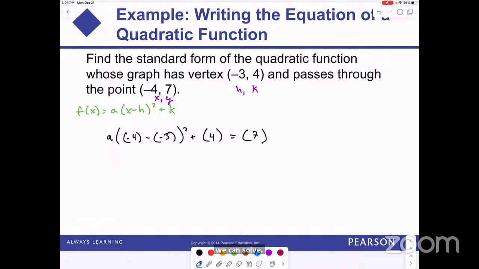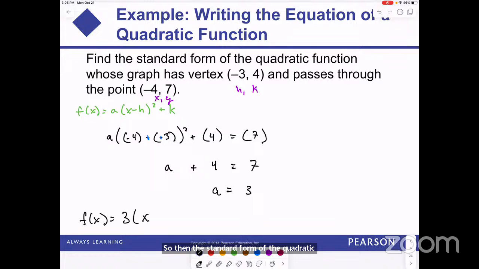Here this becomes -4 plus 3, which is -1. Squared is +1. So now we have a plus 4 equals 7, and a equals 3. So the standard form of the quadratic is 3 times x minus our h, so x minus -3, which simplifies to x plus 3, quantity squared, and our k is plus 4.